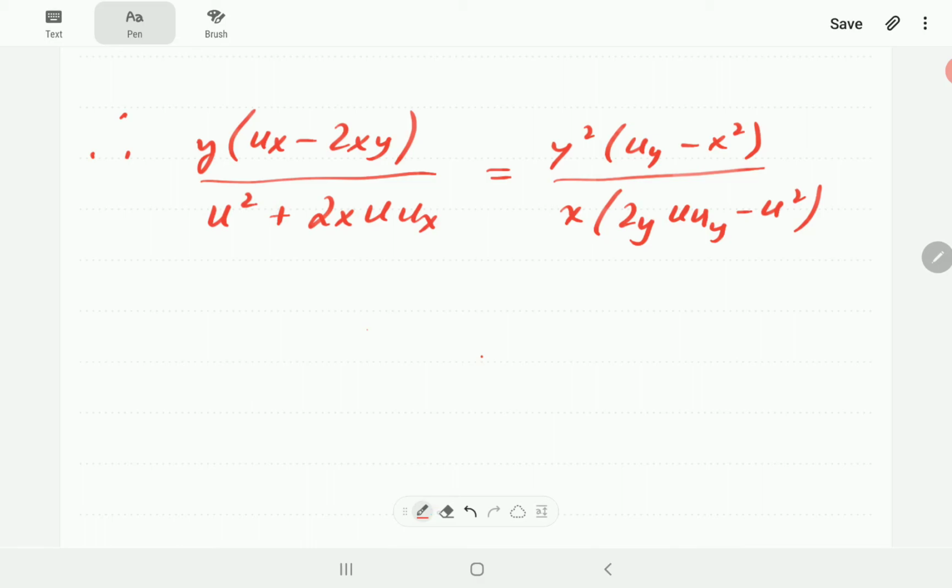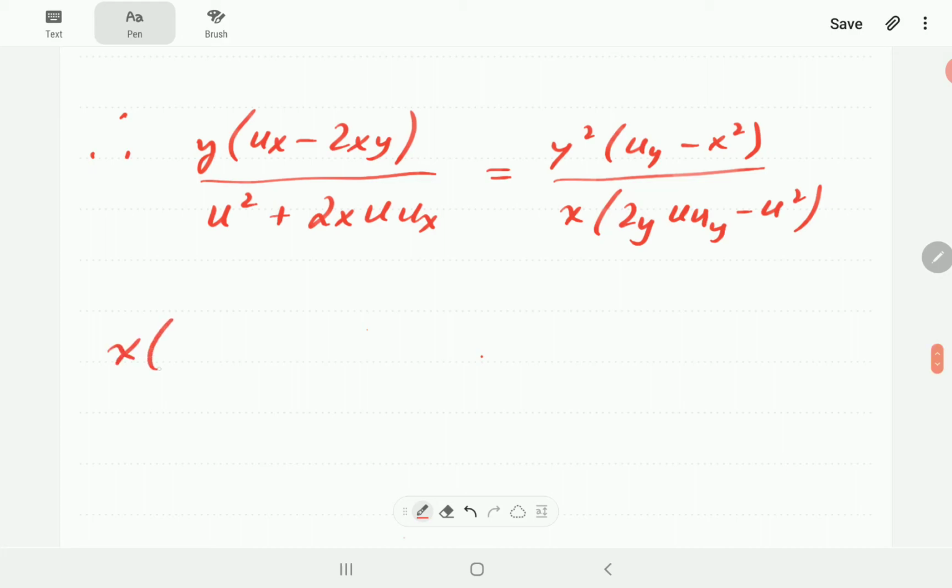So basically, if we take this one to the right hand side here, and now notice here that y is common, so we're going to divide by y at the same time.